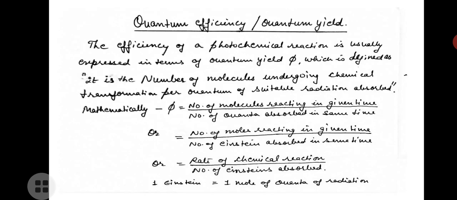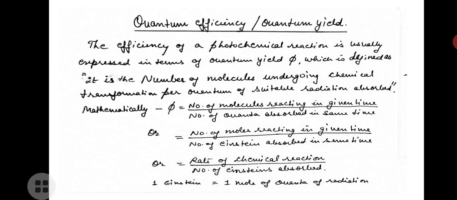What is quantum efficiency or quantum yield? The efficiency of a photochemical reaction is usually expressed in terms of quantum yield phi, which is defined as the number of molecules undergoing chemical transformation per quantum of suitable radiation absorbed.